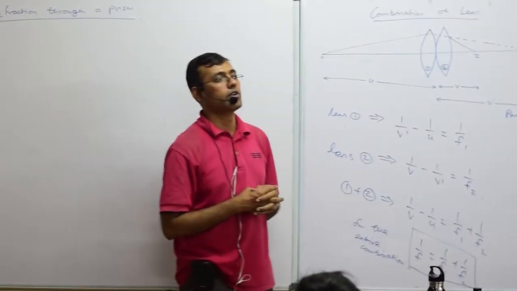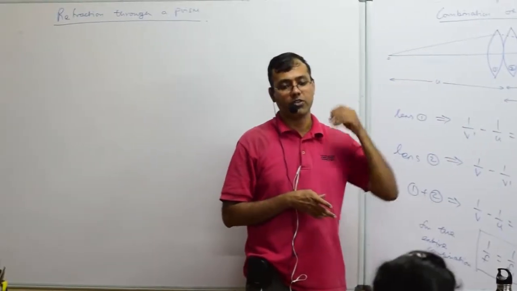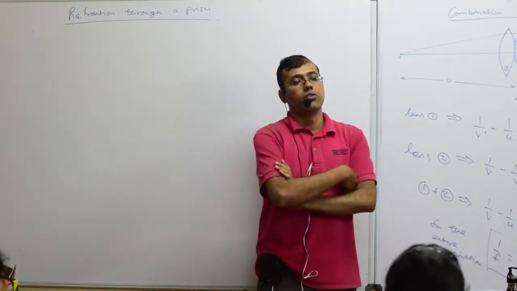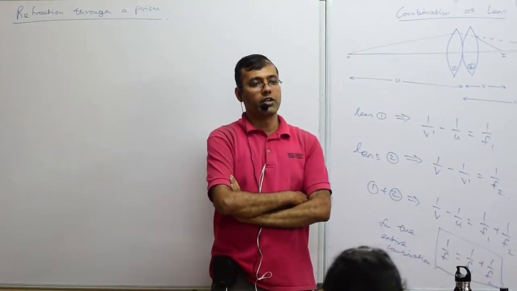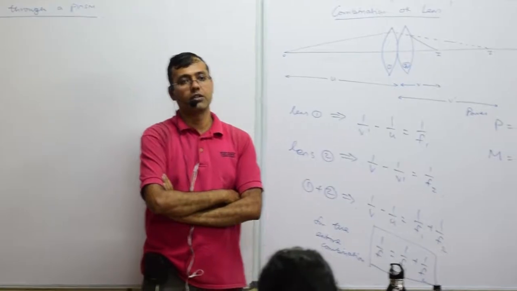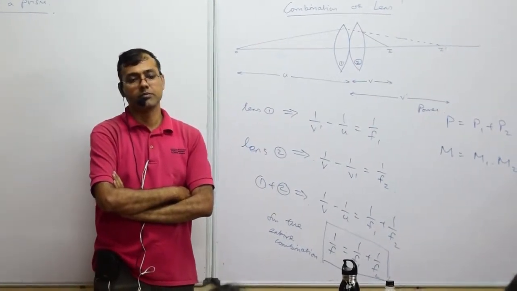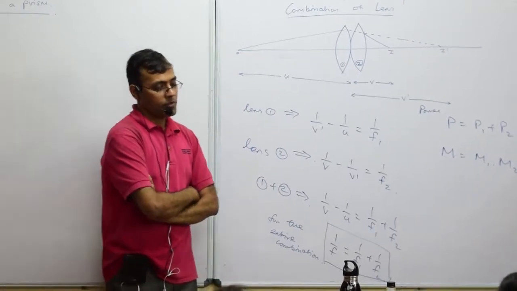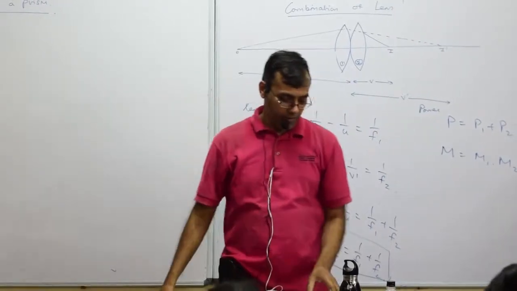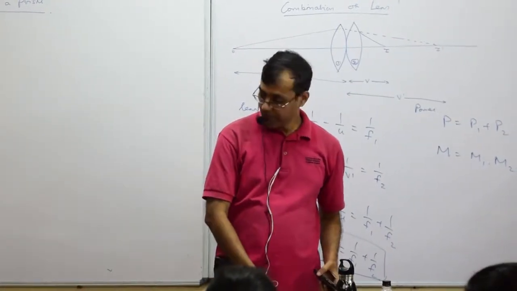So different wavelengths will have different refractive indices. We'll talk about that later. So different wavelengths will get bent differently, and because of that, you will see the VIBGYOR pattern. This is what is called dispersion of white light.